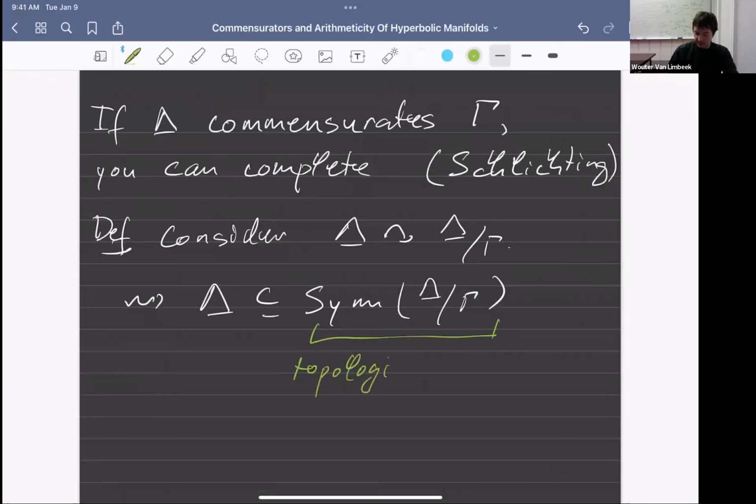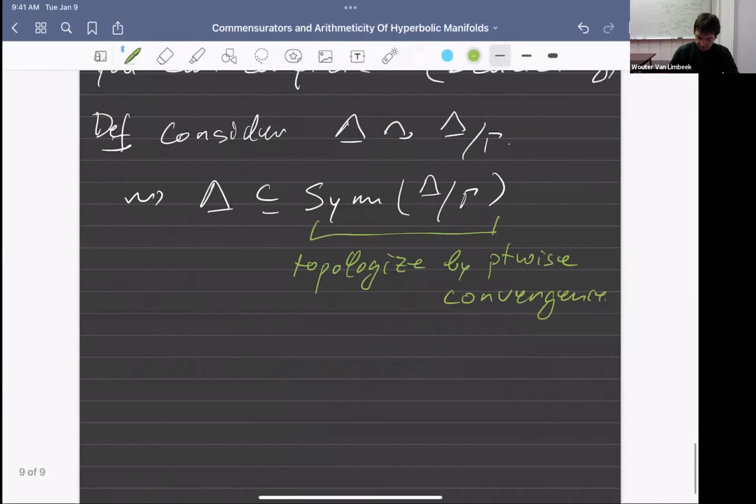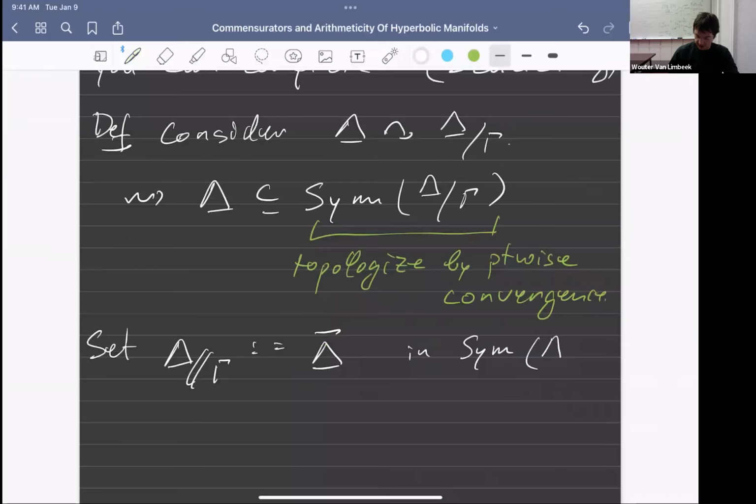There's only one way you can topologize it, which is by pointwise convergence, because you just have a set. So what are you gonna do? But remarkably, this turns out to be useful. You set the completion to be the closure in this group of bijections.